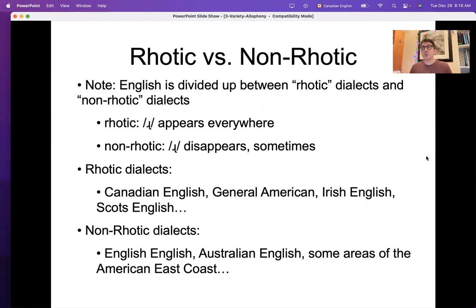In Canadian English, I don't know of any dialect that does not have R's, but if you know some, let me know. The thing is, why is this so, right? Well, because before the 1700s, all of the dialects were rhotic dialects, right?